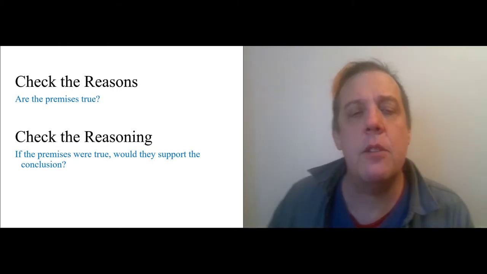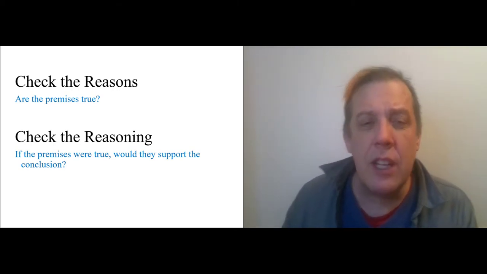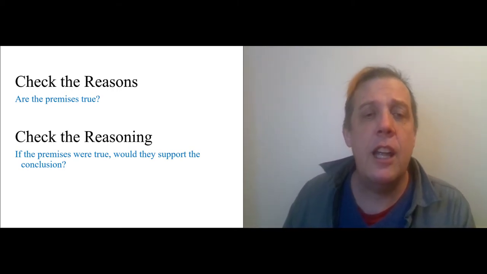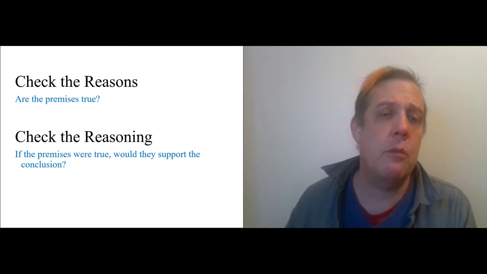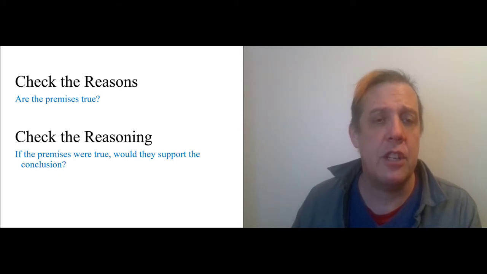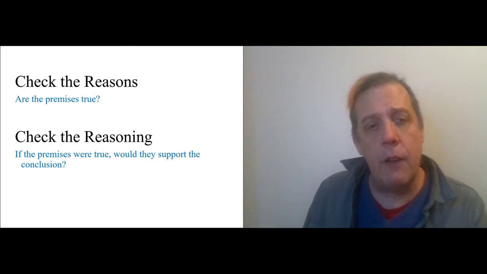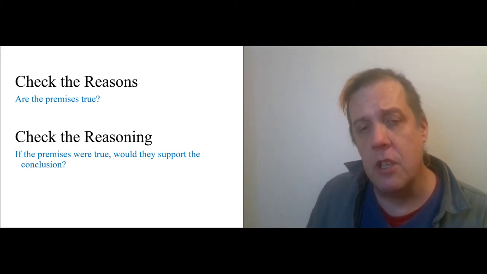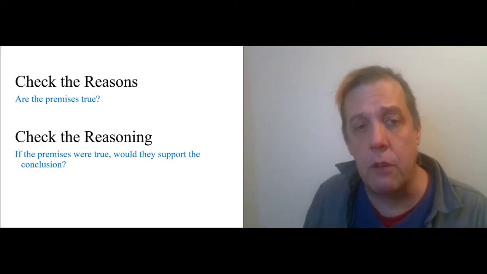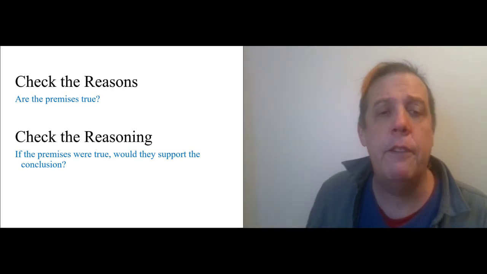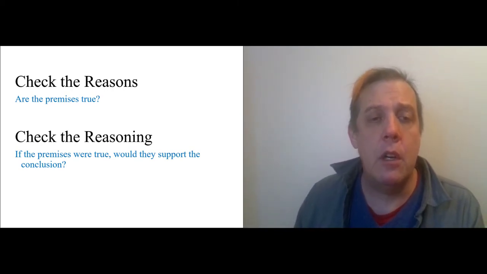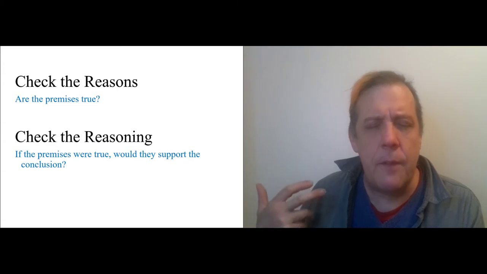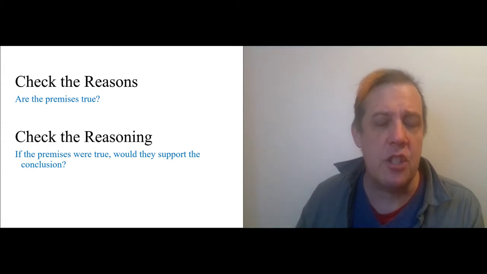Another way is that the premises are true, but they don't really support the conclusion. And that's pretty much true of the motive argument if you take it just on its own. Simply having a motive to commit the murder, even if he really did have the motive, is not sufficient evidence by any standard to show that he committed the crime.